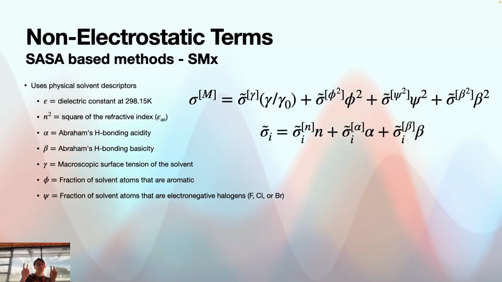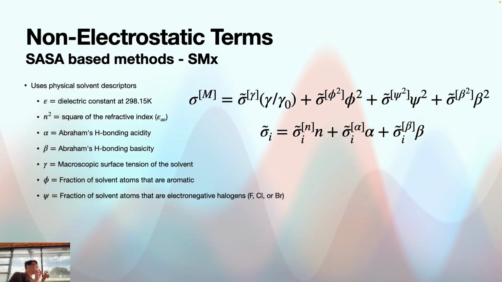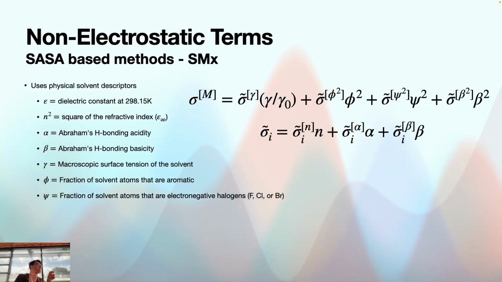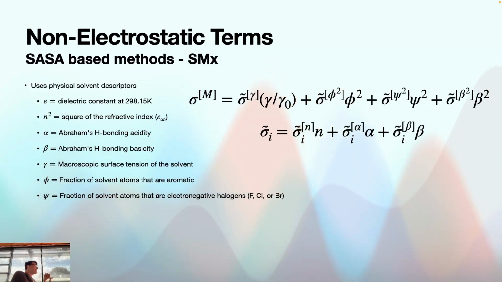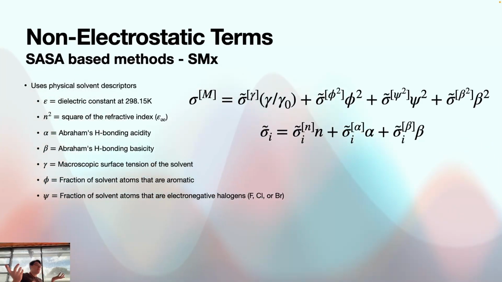This is also considered the optical dielectric constant, and this will come up a lot when we get into excited states. Abraham's hydrogen bonding acidity and hydrogen bonding basicity. These are, again, physical properties that we can calculate and measure. Macroscopic surface tension, again, a physical property, and the fraction of the solvent atoms that are aromatic and that are electronegative halogens. And these are obviously things that you can count on your hand.